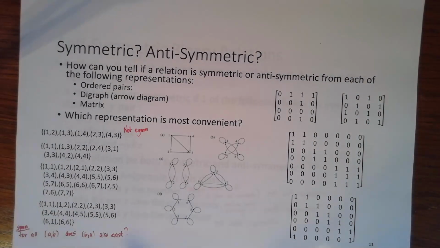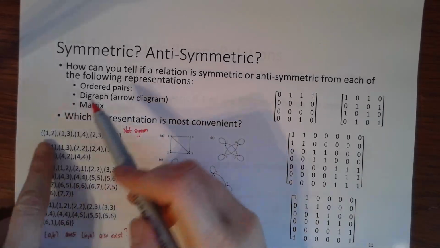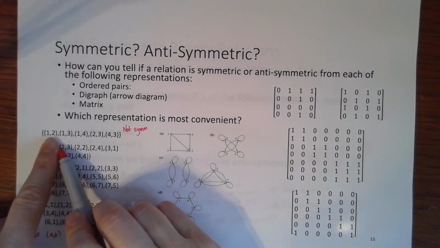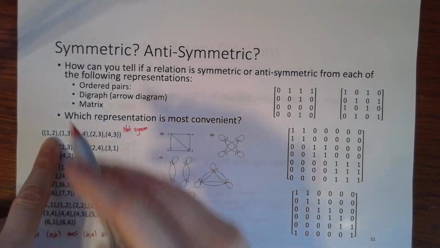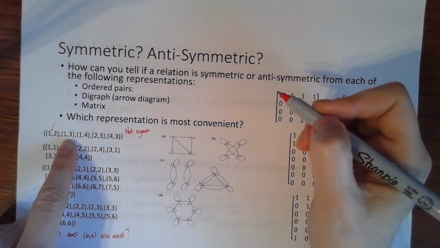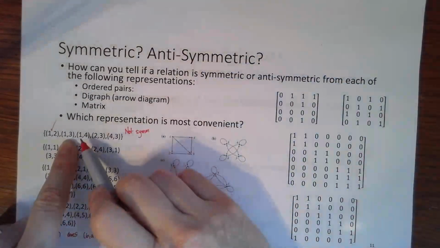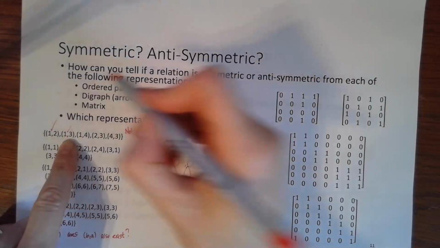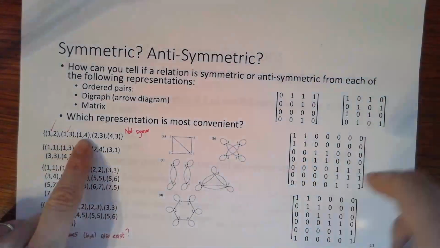Okay, for this one, I find a pair and make sure that if that one exists, then if I turn it around, that one's not there. So for 1, 2, does 2, 1 not exist? There's no 2, 1, so it works for that one. 1, 3, does 3, 1 not exist? It's not there. It works for that one. For 1, 4, does 4, 1 exist?